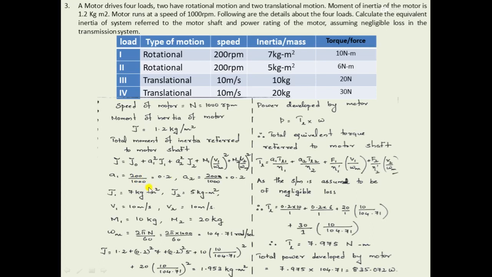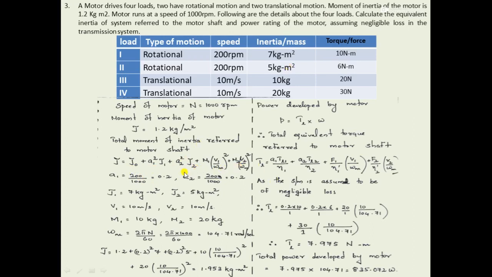That N1 and N is not the teeth ratio, please keep in mind. Here I represent capital N1 as the speed of the driven system and capital N as the speed of the driver. Therefore a1 is equal to 200 by 1000, that is 0.2. Similarly a2 is equal to 200 by 1000, that is also 0.2, because both these are rotating at the same speed of 200 rpm. So now we have identified all the terms in this relation.